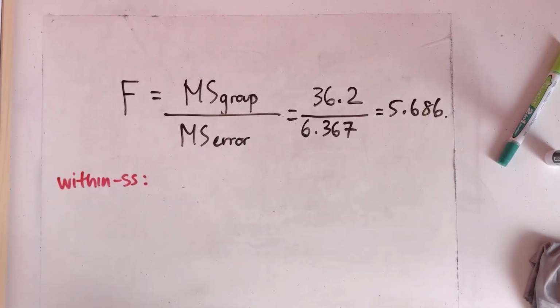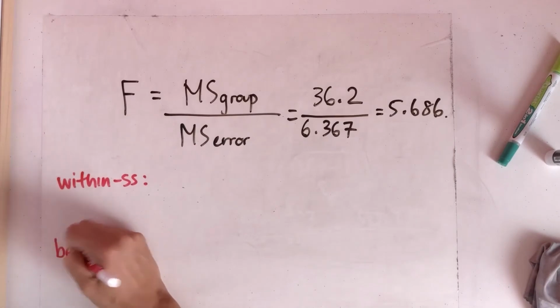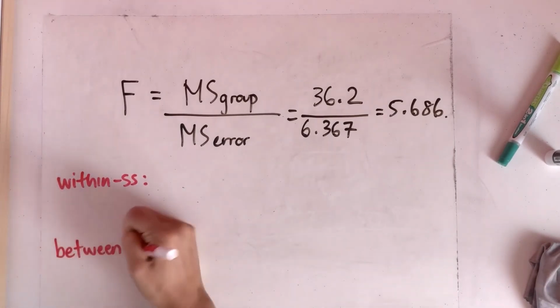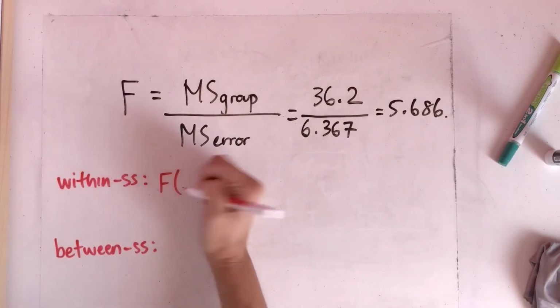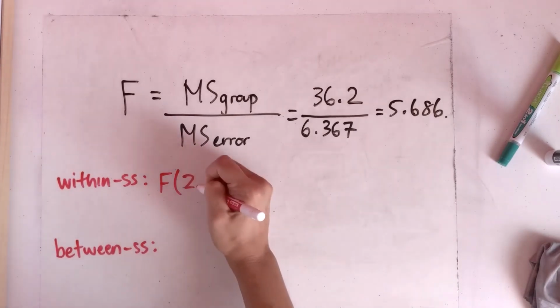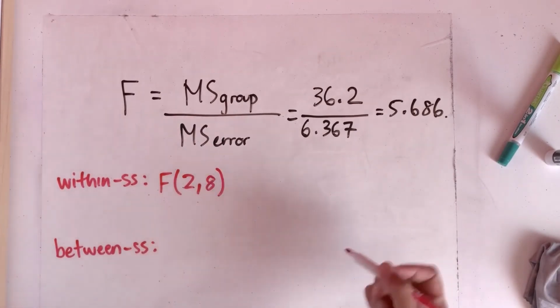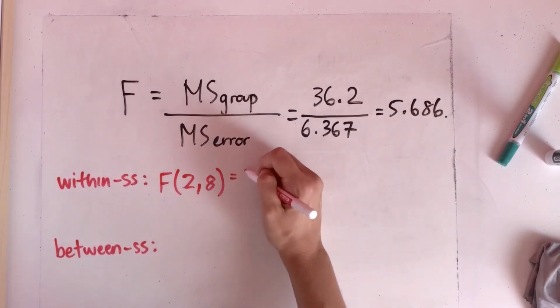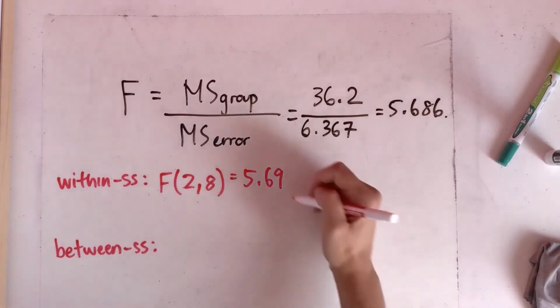All right, now that we have that computation, we should compare the within subjects group manipulation and the final result from that with our before between subjects manipulation. So this is today, this is before. So we might report this as well with our degrees of freedom at 2 and 8 for group and error respectively. And that is equal to 5.69. I'm just going to round this F value to 2 decimal places.